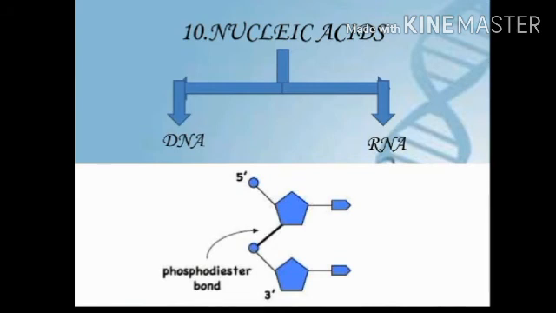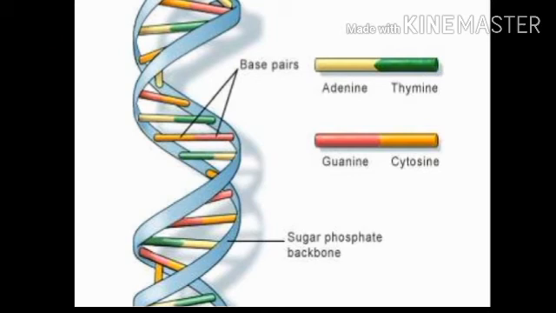When nucleotides are joined with phosphodiester bonds to form a long chain, it is called a polynucleotide chain. These polynucleotide chains further coil to form double helix DNA or single stranded RNA. Here we see the double stranded DNA molecule structure in this diagram.